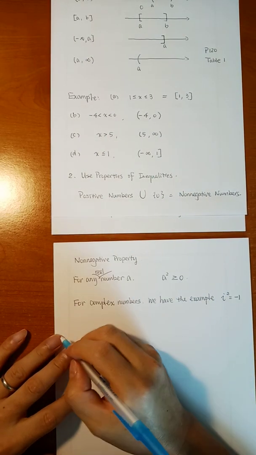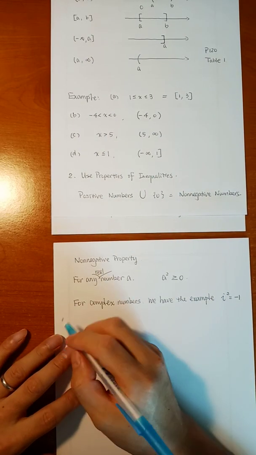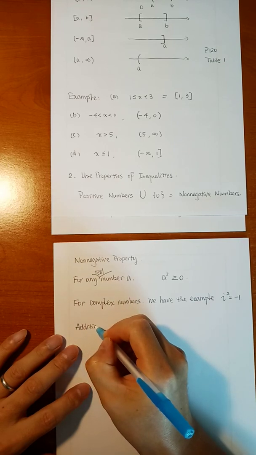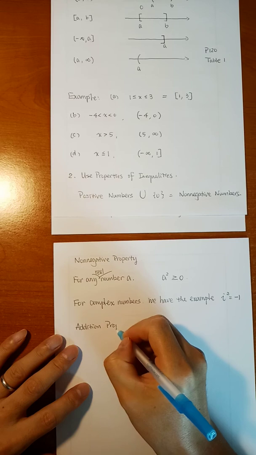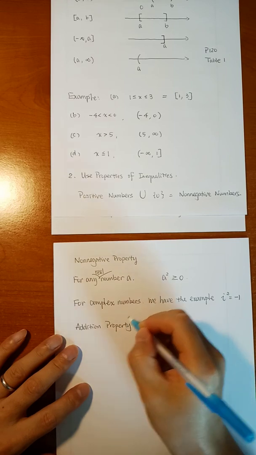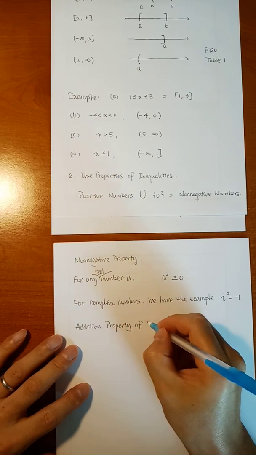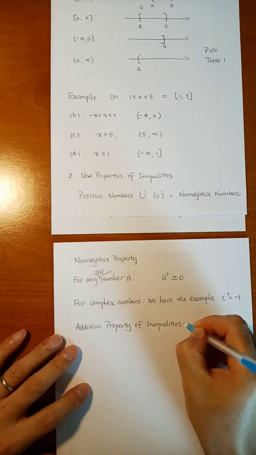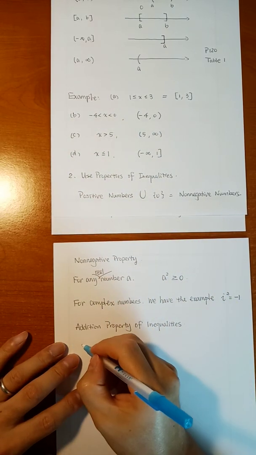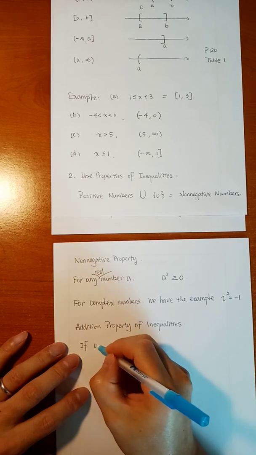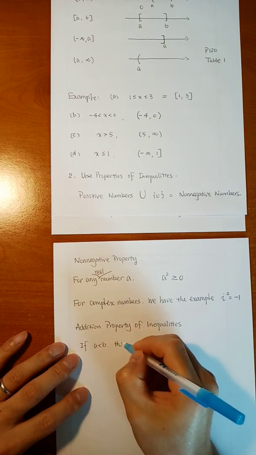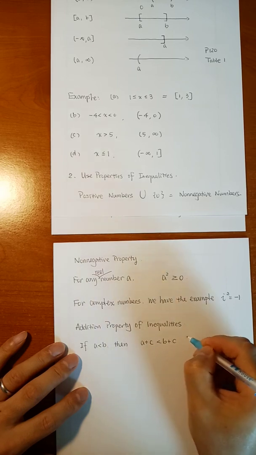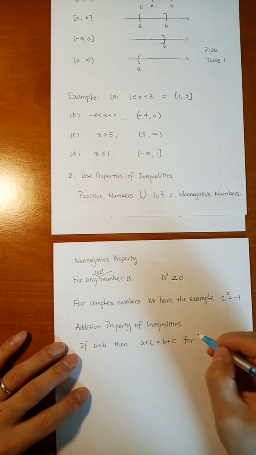Okay, and second, the addition property of inequalities. It means if a is less than b, then a plus c is less than b plus c for all c.